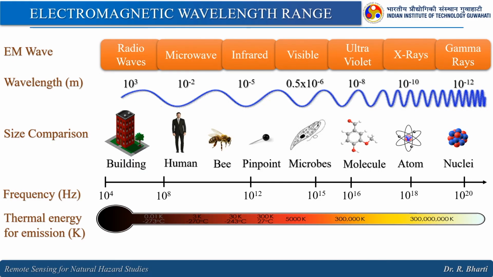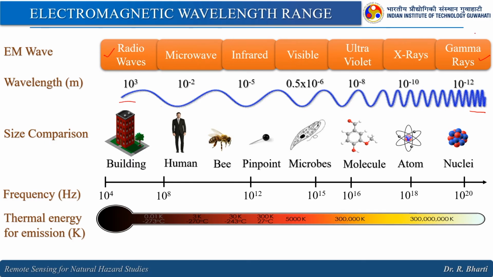So you can see here this slide, it starts from radio wave to gamma rays, right? And here you might be knowing that gamma rays have the highest energy, right? So here the energy that you can see here, and the wavelength is very small, and for radio wave the wavelength is very, very long.